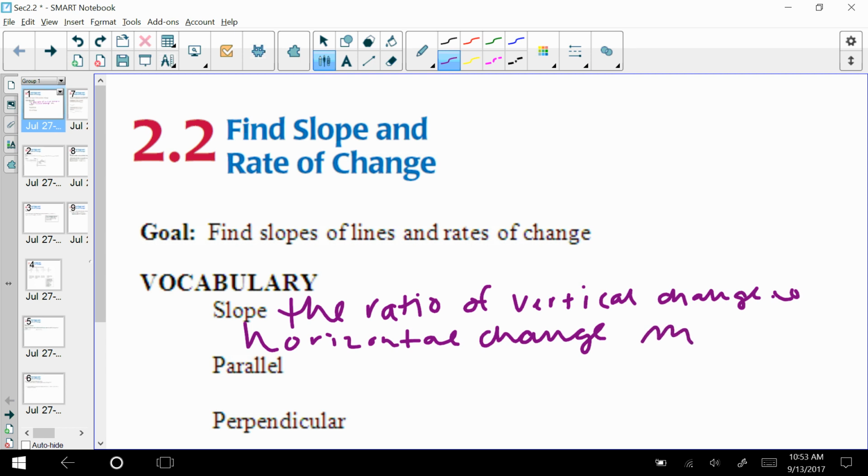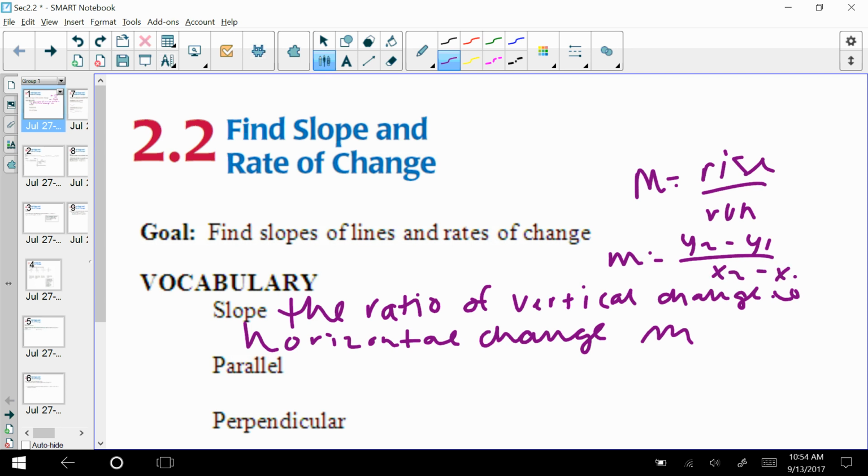So we use m to define slope, and you might remember it as rise over run, or y2 minus y1 over x2 minus x1. So all of those refer to slope.